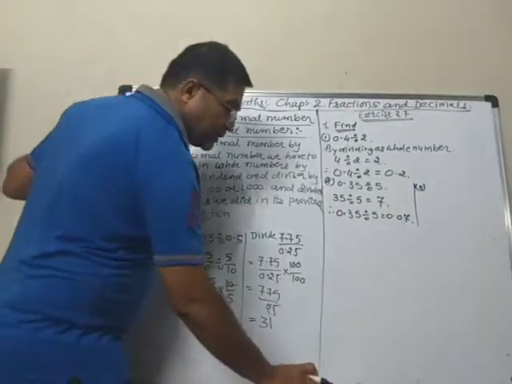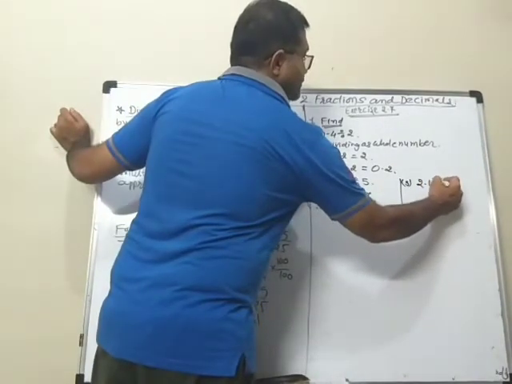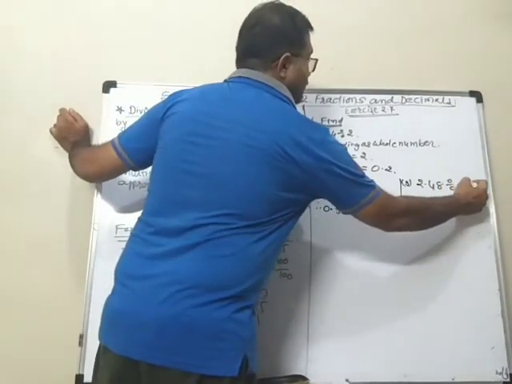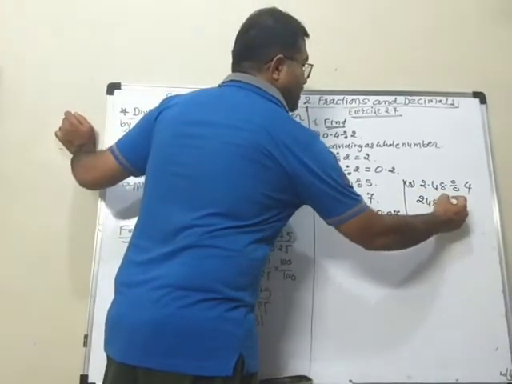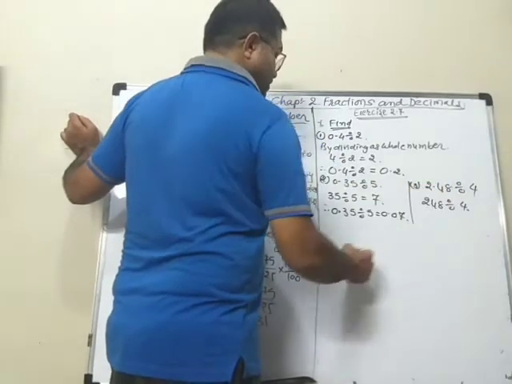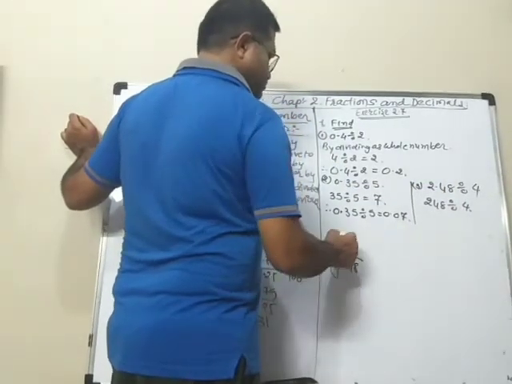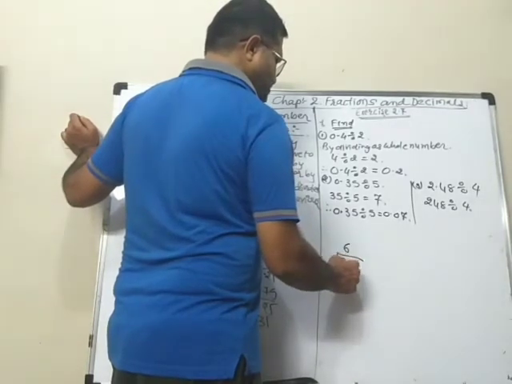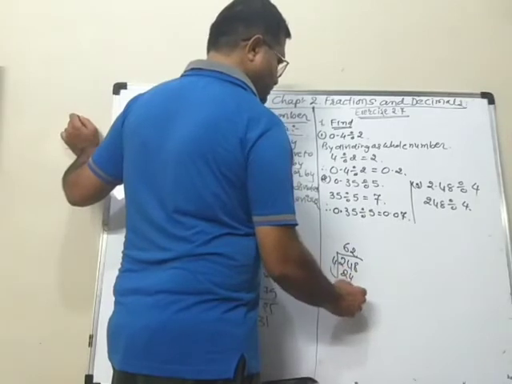Take the third one. Third one says 2.48 divided by 4. Now 248 divided by 4 we have to do. You can do that on the rough page. 248 divided by 4. 4 sixes are 24. 4 twos are 8.